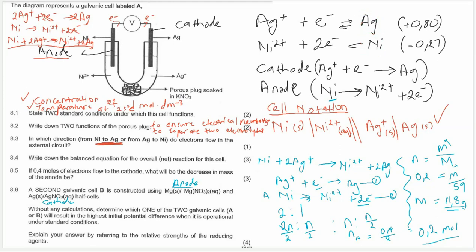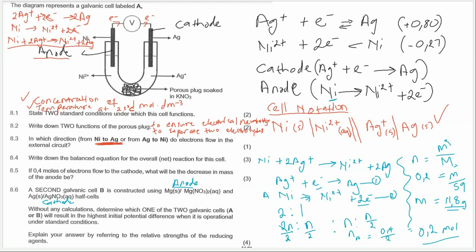I hope if you know redox reactions, you will know the meaning of reducing agent. So they want you to refer to their strengths, and if you use the first table on your cell potential, you will see the strengths of these reducing agents.